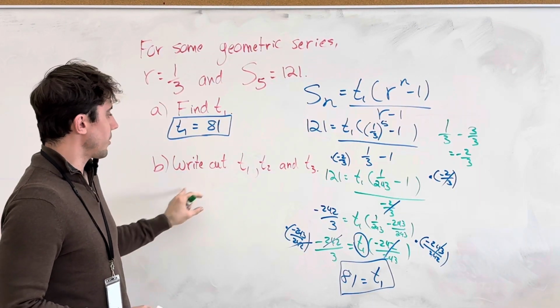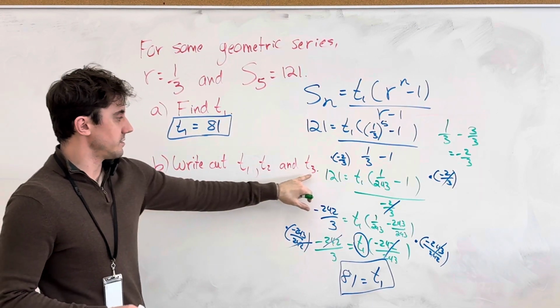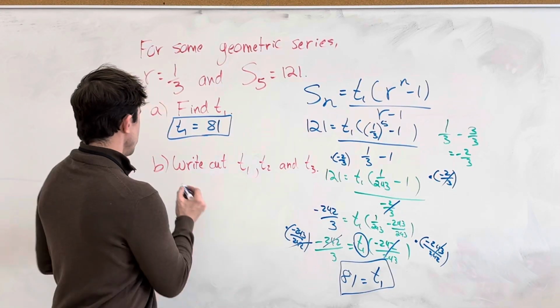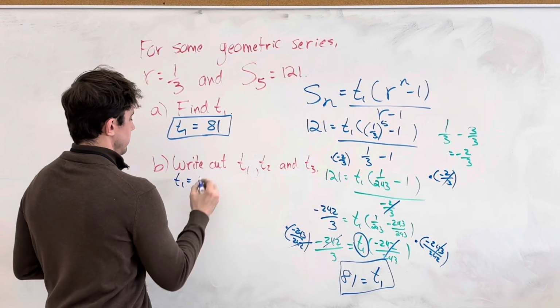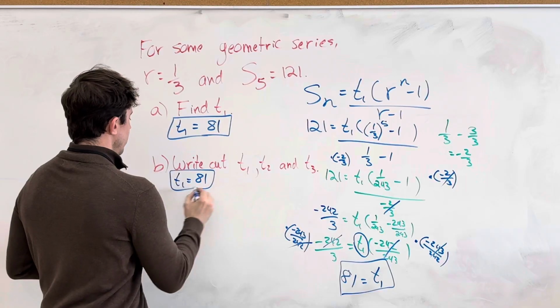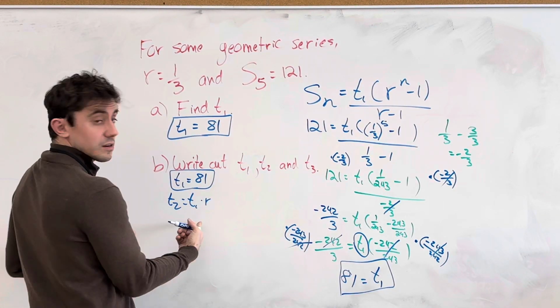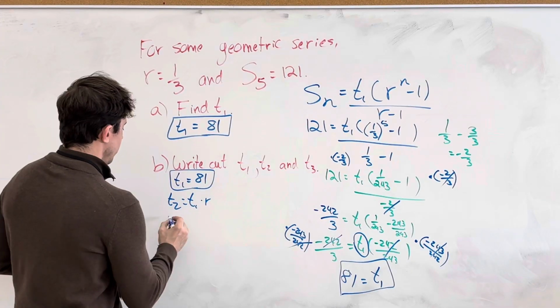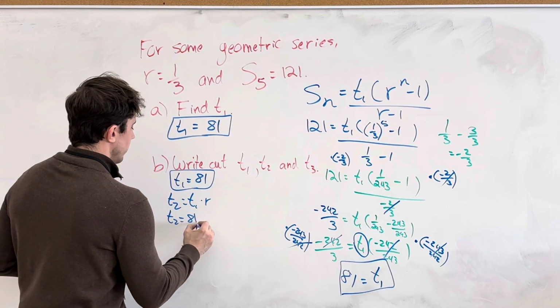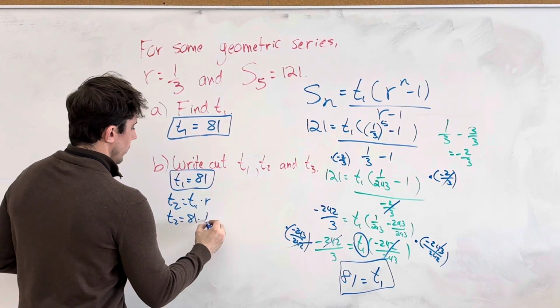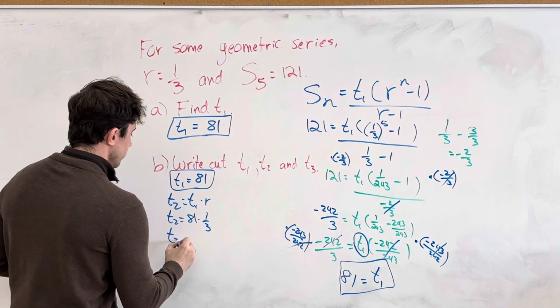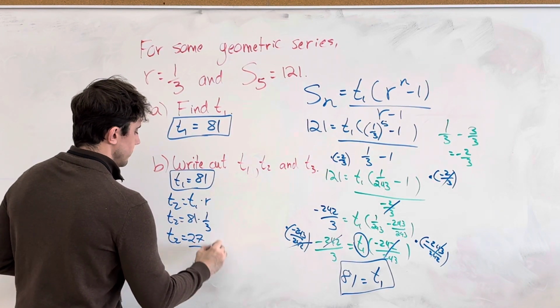And then in part B, let's also write out T2 and T3. So we have T1 being, again from part A, 81. T2 is simply T1 times r, the common ratio. And so T2 is 81 times 1 over 3, meaning that T2 is 27.